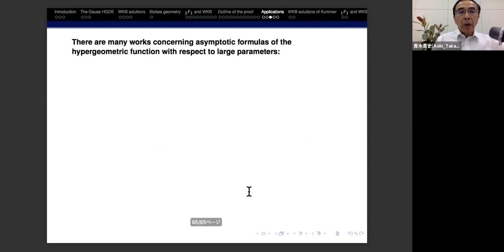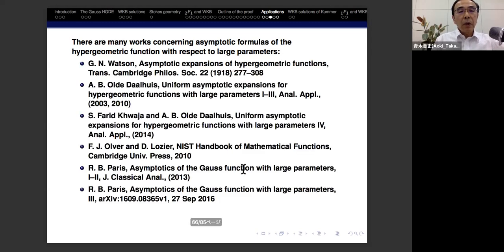Of course, there are many works concerning asymptotic formulas of hypergeometric functions with respect to large parameters. For example, classically, Watson gave some asymptotic formula for hypergeometric function in this paper, and recently, Adri gave several formulas that give uniform asymptotic expansions for hypergeometric functions.